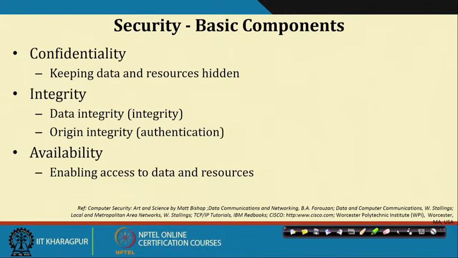Confidentiality deals with keeping the data and resources hidden. If I am sending a message to you, or you are sending a message to me, and it is meant for me only, it should be kept confidential. There should not be anybody listening to or reading this message, right. So, confidentiality means keeping the data and resources hidden.